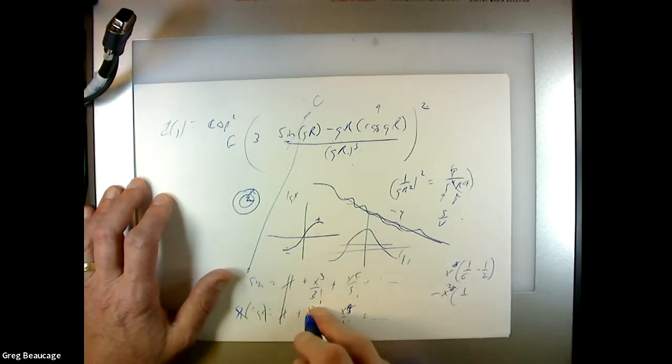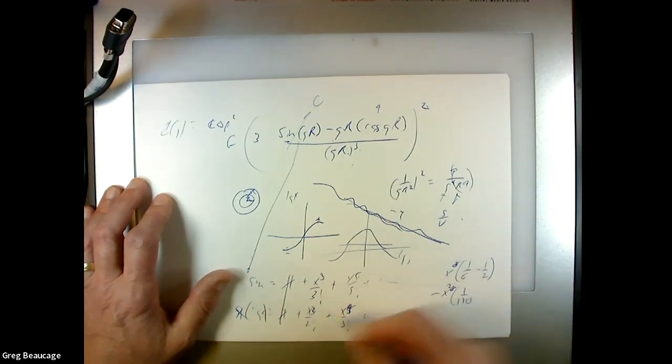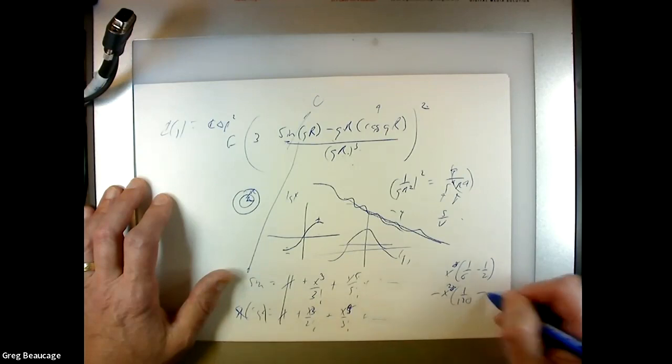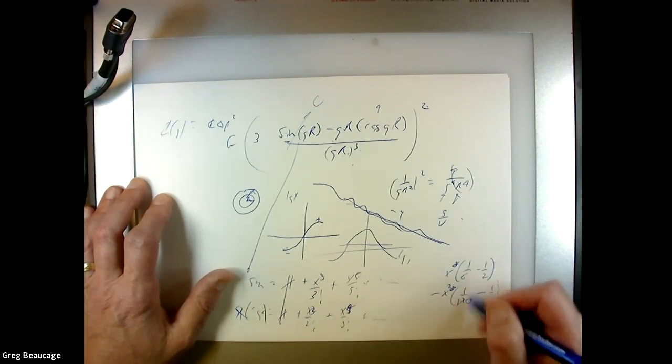So 3 factorial is 6, 4 factorial is 24, 5 factorial is 120. Find the common factor, that's like 20 minus 1.